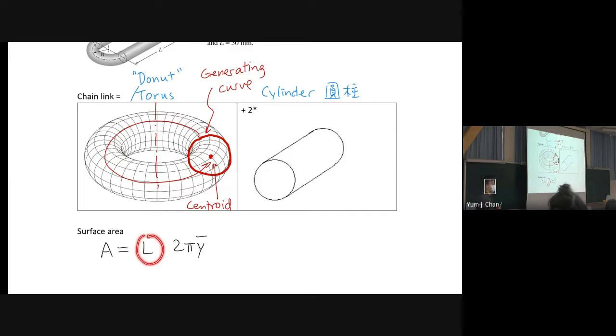L is the length of the generating curve, L here.